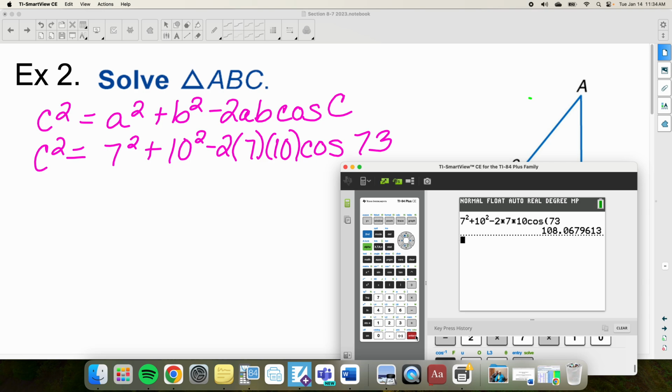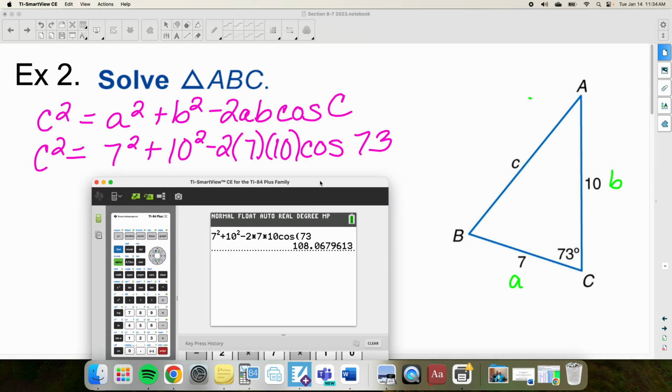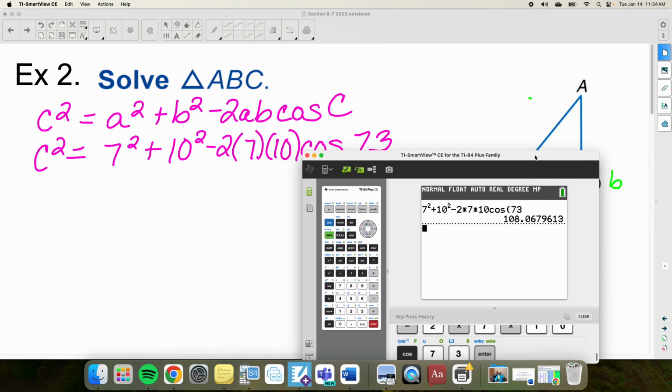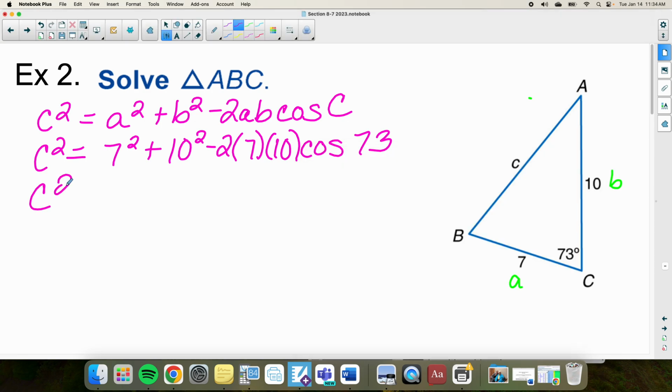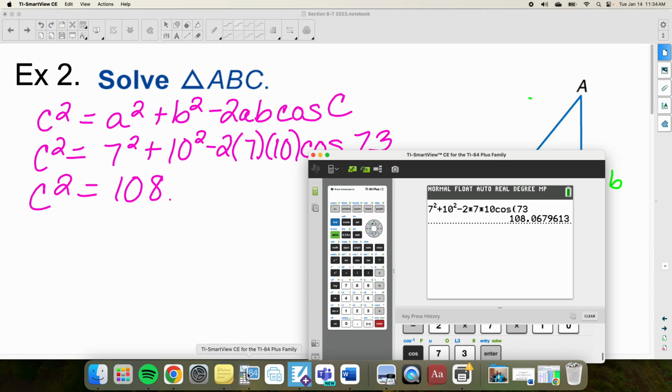Now, if you were to logically think about this, would you have one side that's 7, one that's 10, and one that's 108? No. So that should tell you right there, oh, I forgot to do something. Isn't this number c squared? So what do we have to do? Find the square root of that. So c squared is 108.06 or something like that, but we need c.